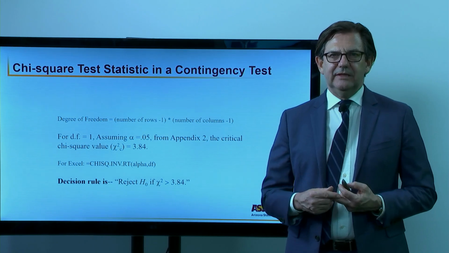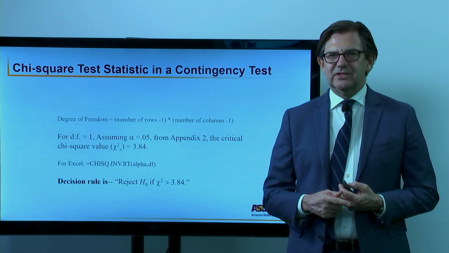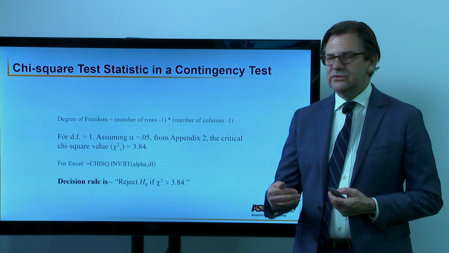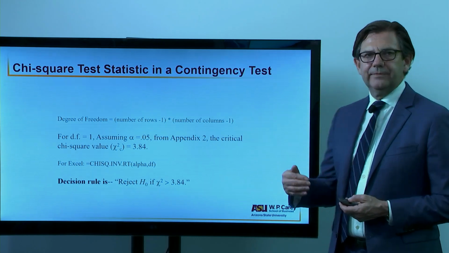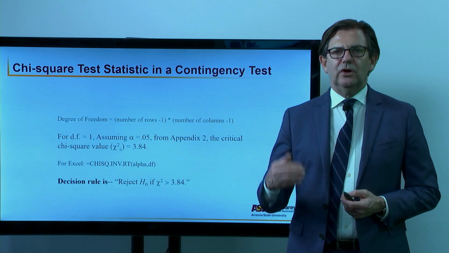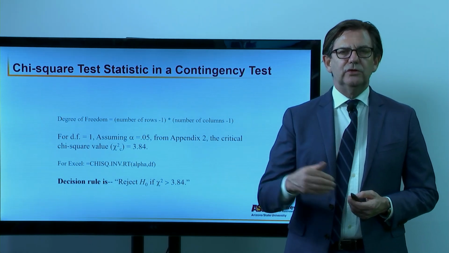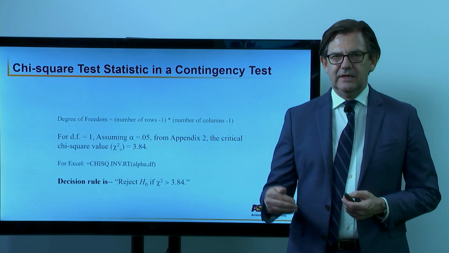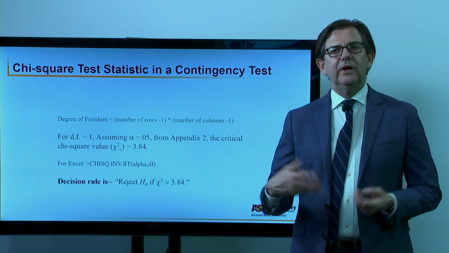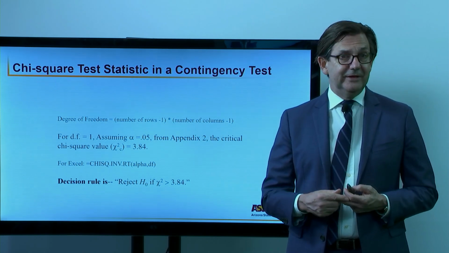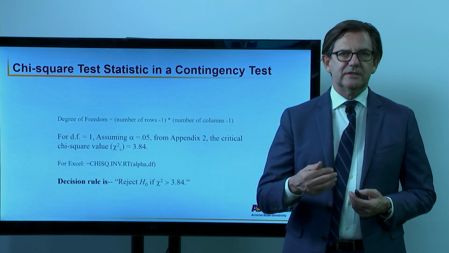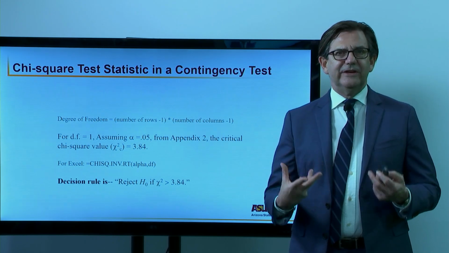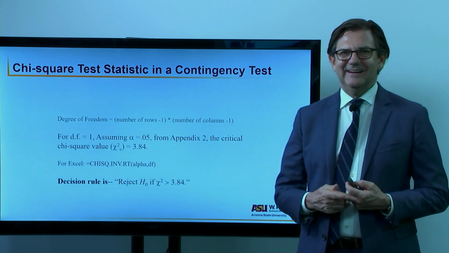The degree of freedom for chi-square is simply the number of rows minus 1 times the number of columns minus 1. 2 rows, 2 columns: 2 minus 1, 2 minus 1 is 1. 1 multiplied by 1 is 1. So the degree of freedom is 1 in this particular case.